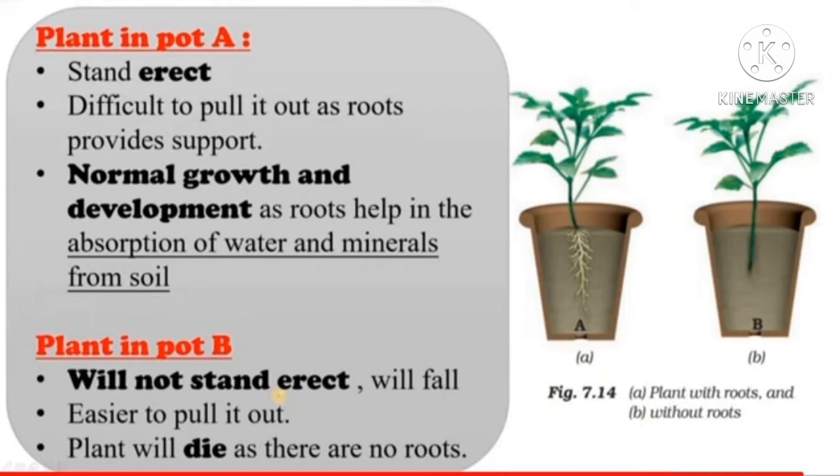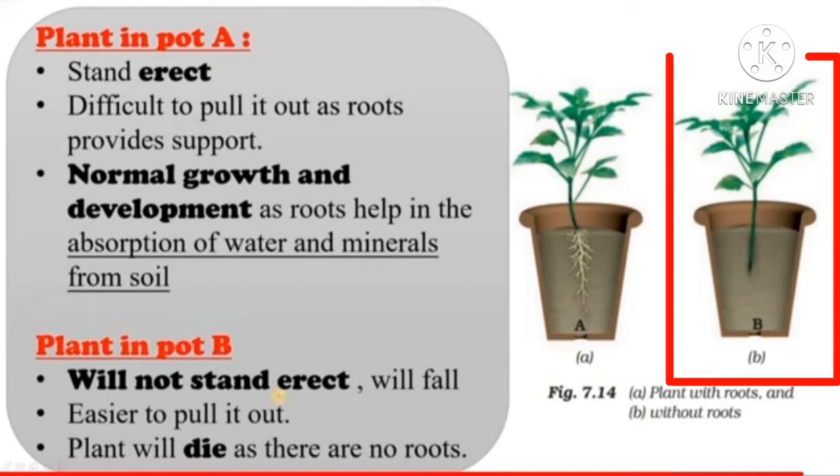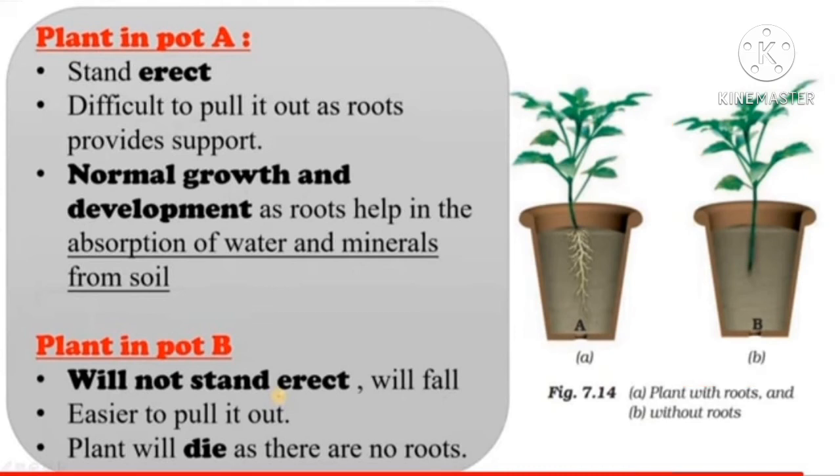But the plant in pot B, that is the plant without roots, will not stand erect. It will fall. It will be easier to pull it out. After some days, the plant will die because there are no roots.